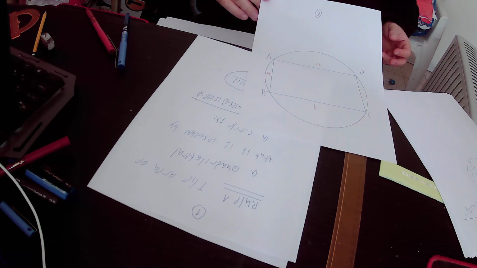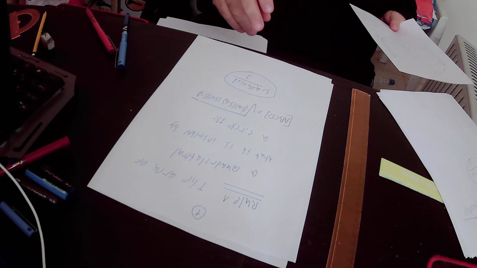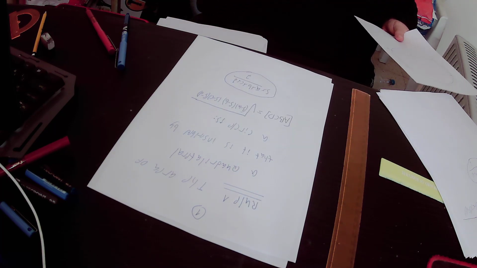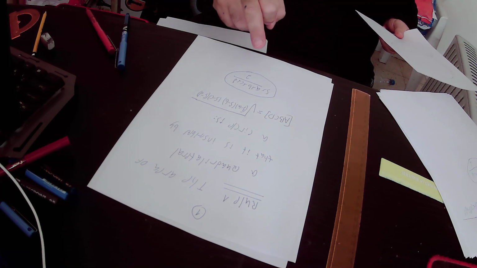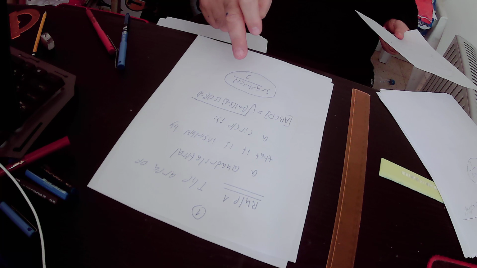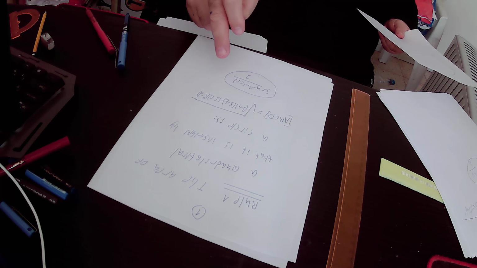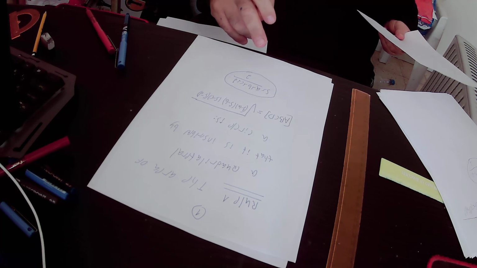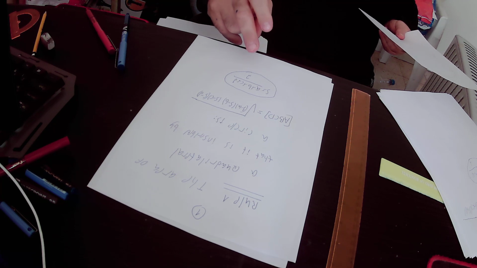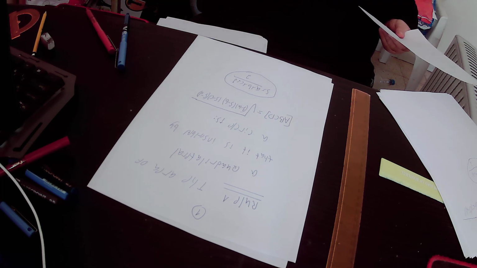The area of a cyclic quadrilateral, according to rule number 1, is the area of ABCD equals the root of (S minus A) times (S minus B) times (S minus C) times (S minus D), where S is the sum of the 4 sides divided by 2.